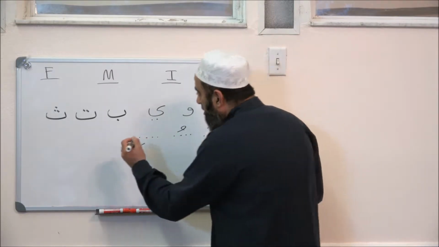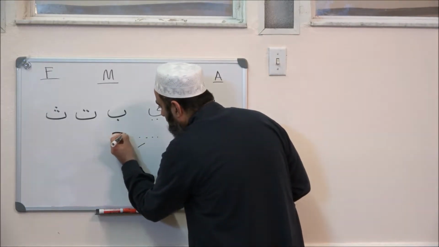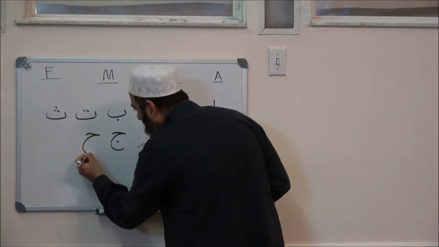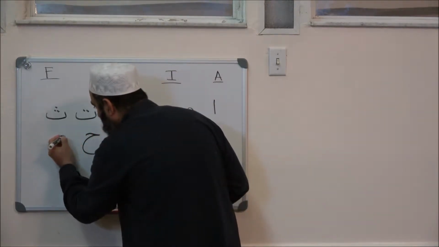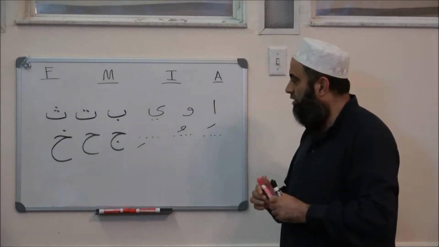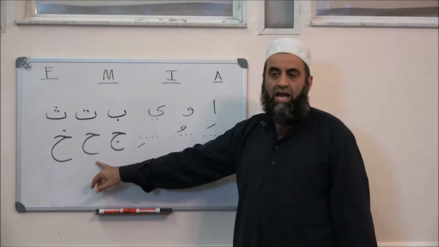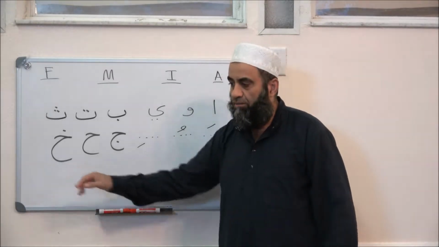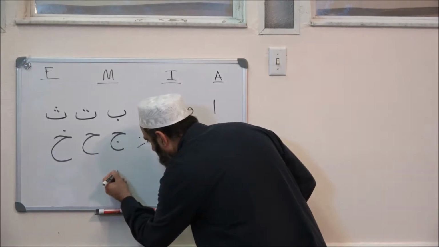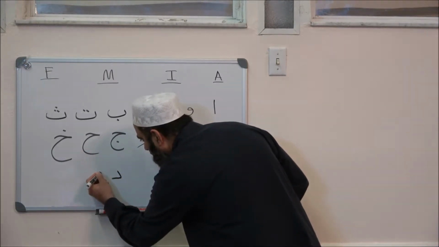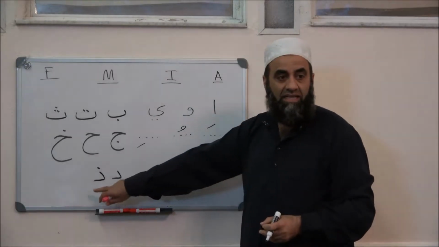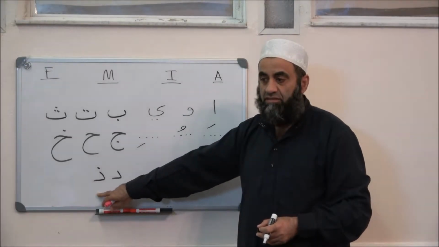We also saw the belly family. Jim, Ha and Kha. Jim, J, Ha and Kha. Also, the 2 sisters Da and Tha.